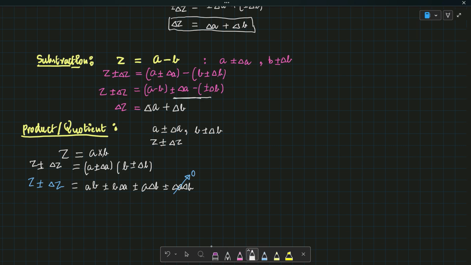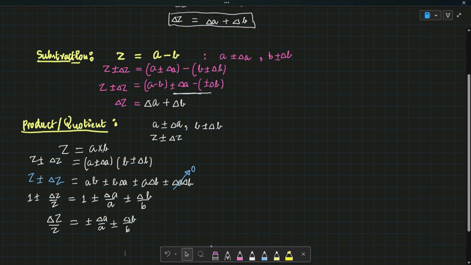So we can write this as 1 plus minus delta Z by Z, and that is equal to AB by Z, which will be 1 plus minus delta A by A plus minus delta B by B. So we can write the relative error in Z, delta Z by Z, as delta A by A plus minus delta B by B.